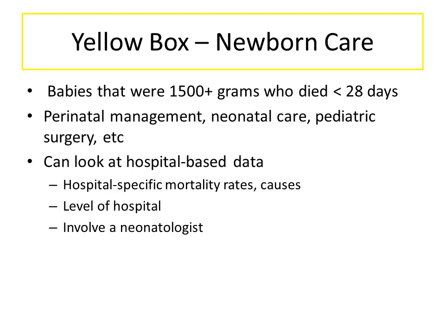And then for the yellow box, it's the newborn care box. And so these were the babies that were 1,500 or more grams who died within that first month. And the issue here would be things like perinatal management, hospital care, neonatal care, pediatric surgery. And so to examine this yellow box, you can look at hospital-based data, so HCUP data, and you can look at the level of hospital, the hospital-specific mortality rates.